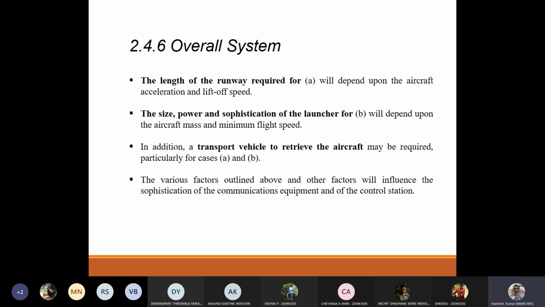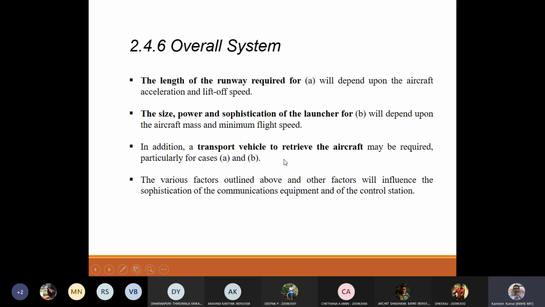Your launcher should not be made in such a way that it cannot achieve the minimum speed itself. Okay, so that is the basic requirement. More than that is fine, but you cannot go lower than the minimum speed required for the aircraft. Okay, so that is there.